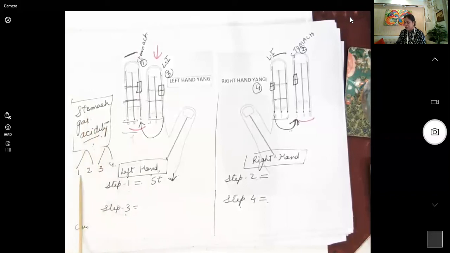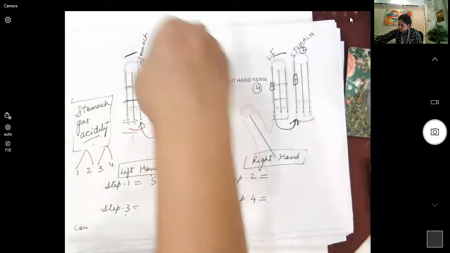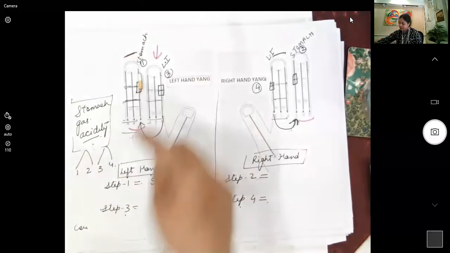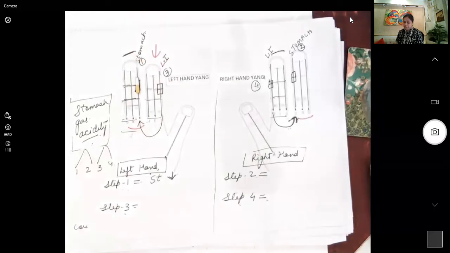How am I treating this first patient? As you know, this is a stomach disease with acidity, so we will sedate as the first step. Stomach meridian sedation. You know the energy flow direction, we practiced it yesterday very well.